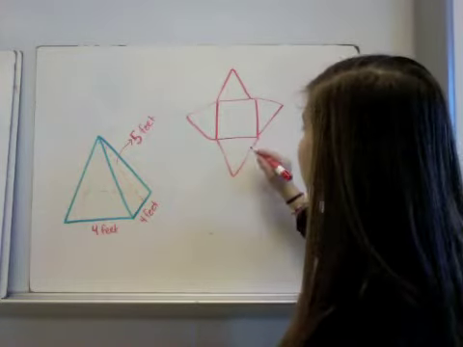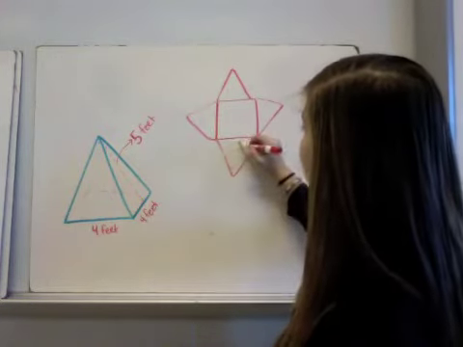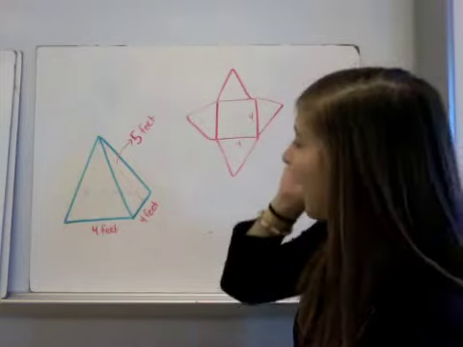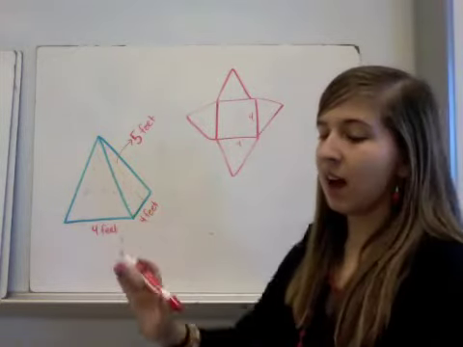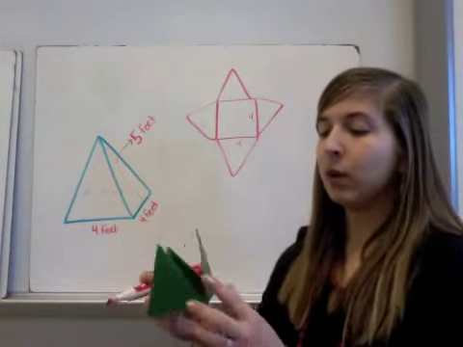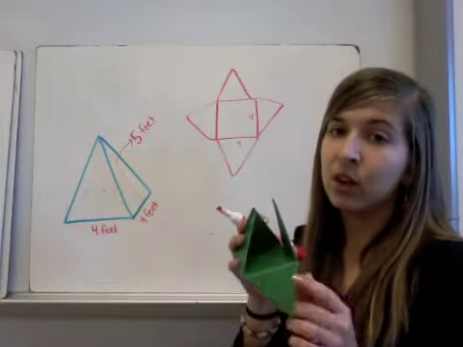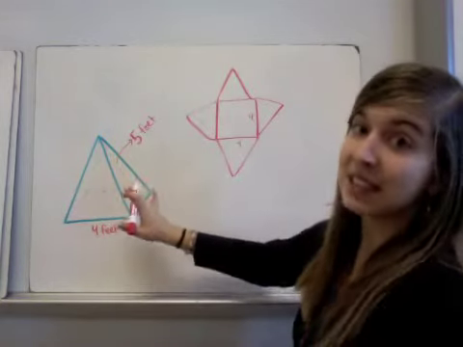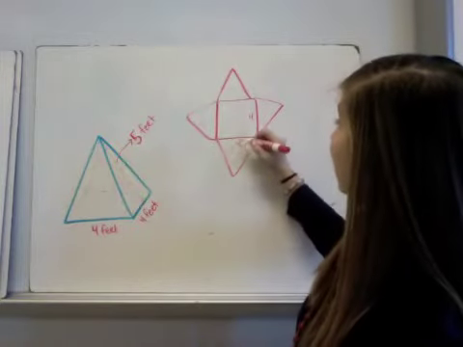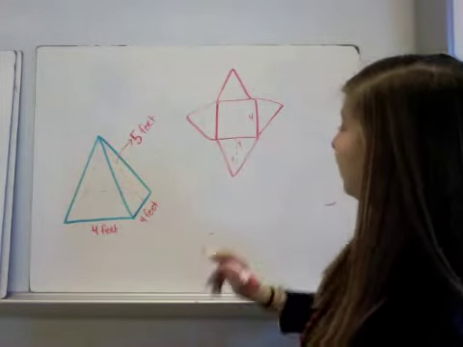Now let's put our measures. Our base is a 4 by 4, which is a square, and then we don't need the height of the actual pyramid. We need the height of our triangle. So that's the lateral height, and in 6th grade they give that to us. So they're saying that the height is 5.